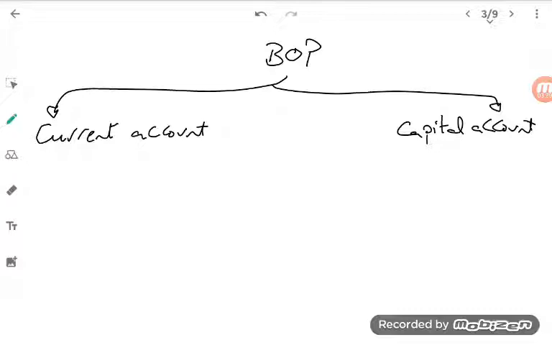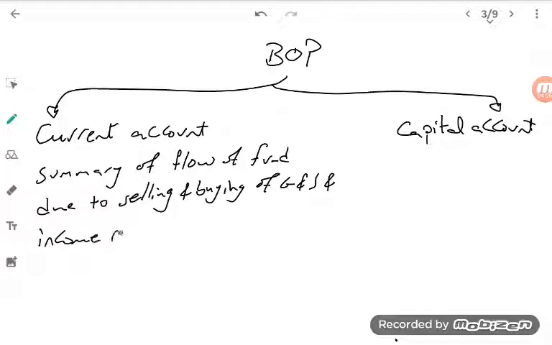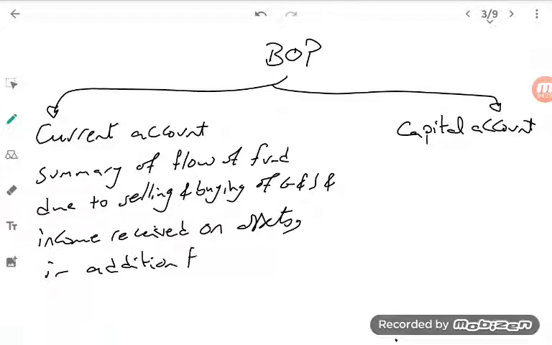With respect to the current account, it is a summary of flow of funds due to selling and buying of goods and services, and income received on assets, in addition to grants and gifts.